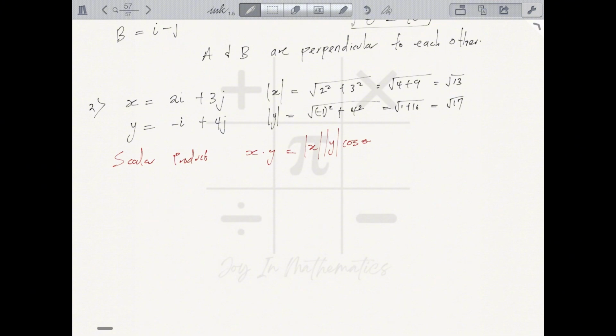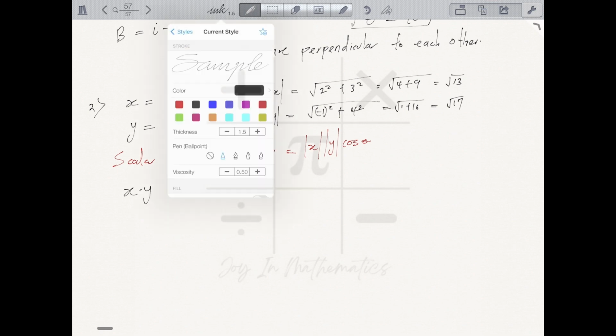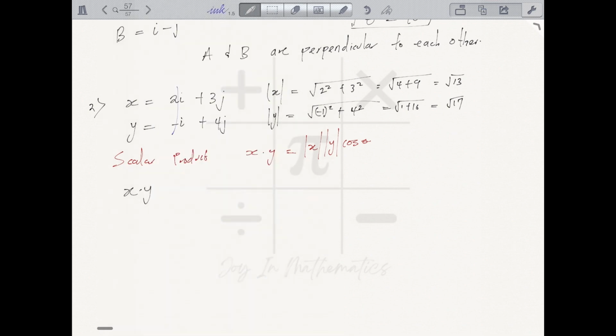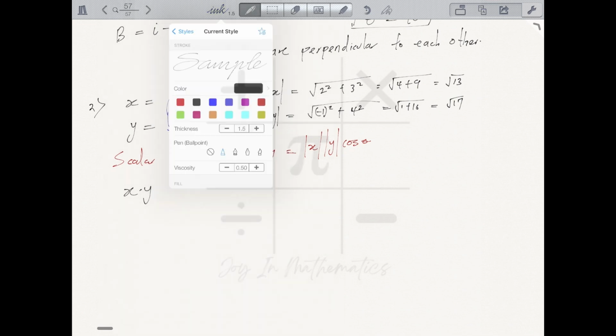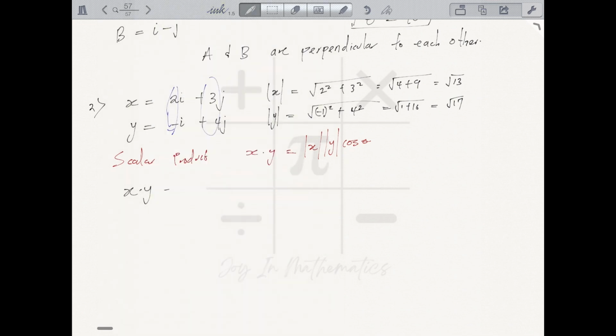Moving on, let's evaluate x dot y. In x dot y, we just multiply the coefficients of I and add the multiplication of the coefficients of j. So this will result in 2 multiplied by minus 1 plus 3 multiplied by 4. That is minus 2 plus 12, which results in 10.